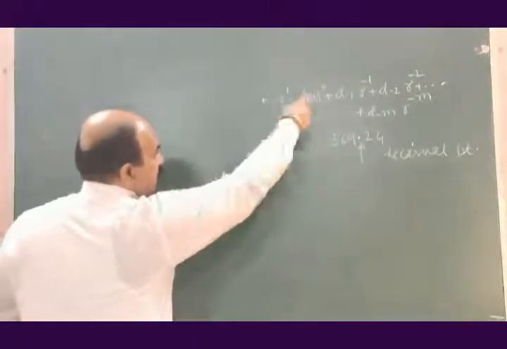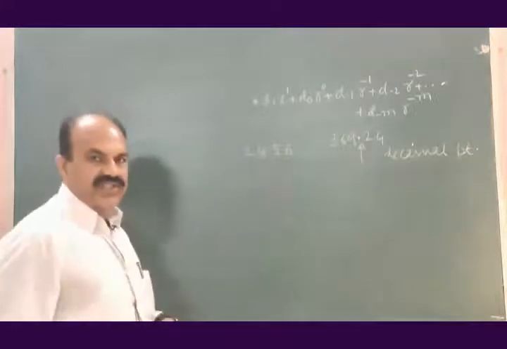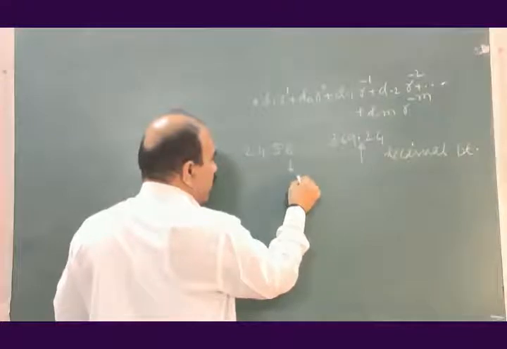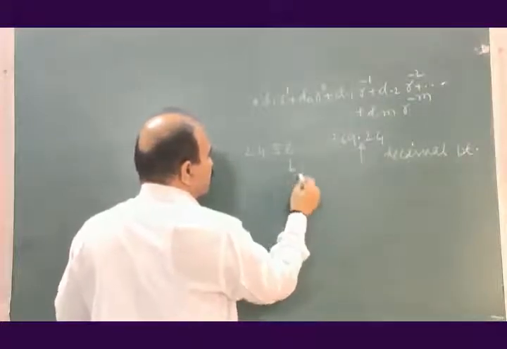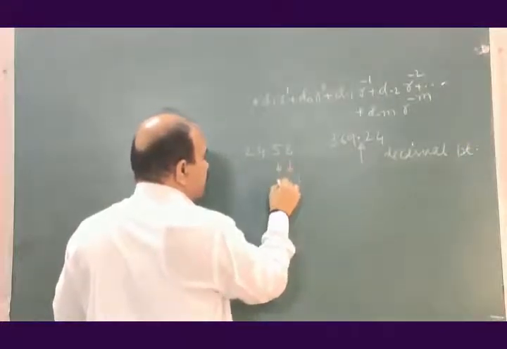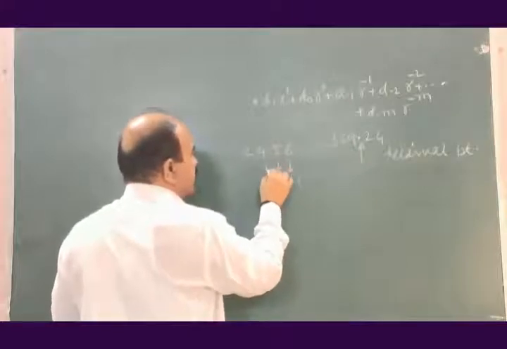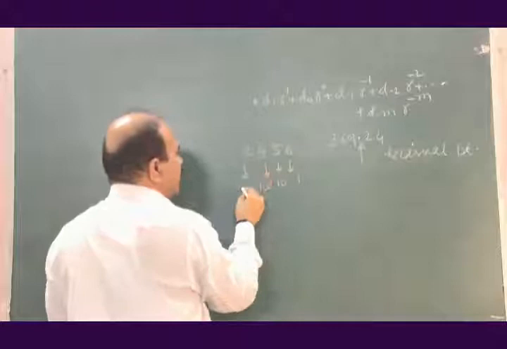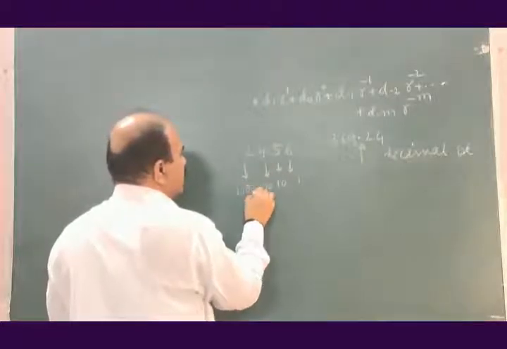Let us use this formula for this number. This weight is known as ones. This weight is known as tens. This weight is known as hundreds. This weight is known as thousands.